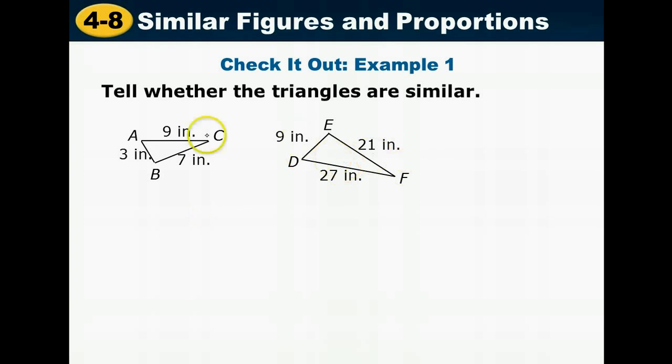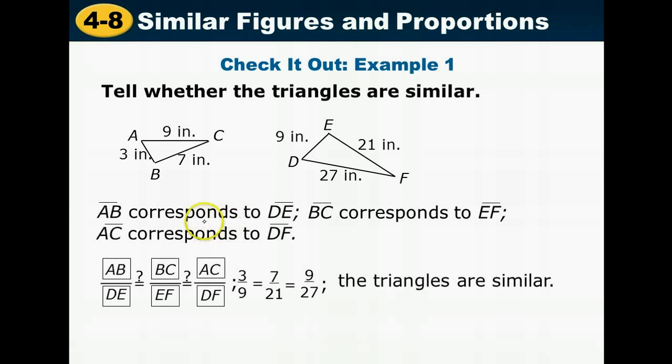Alright, welcome back. So here we go. They do not give us the angles, so the only things we have to go on are the sides. First we set up the corresponding sides. Here we have AB, which is right here. AB will correspond to DE.